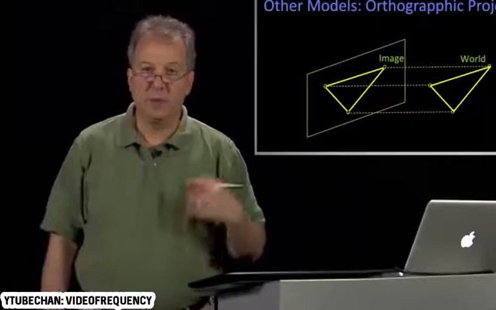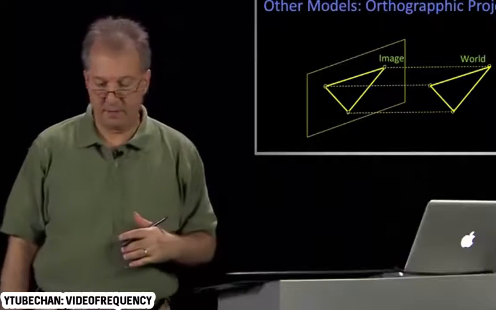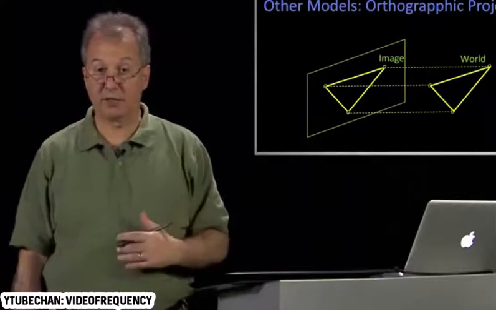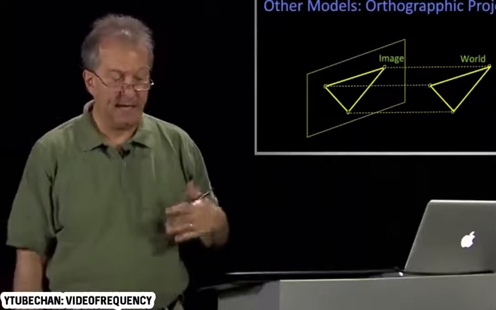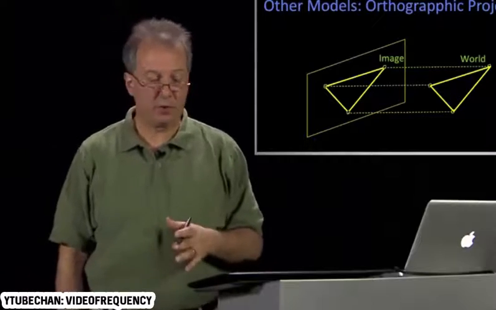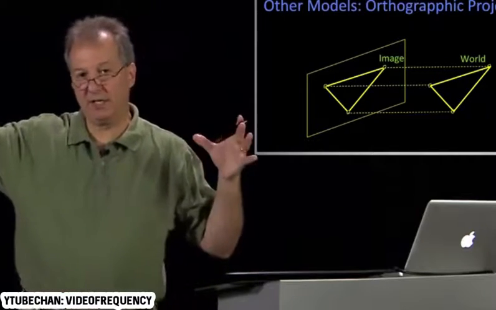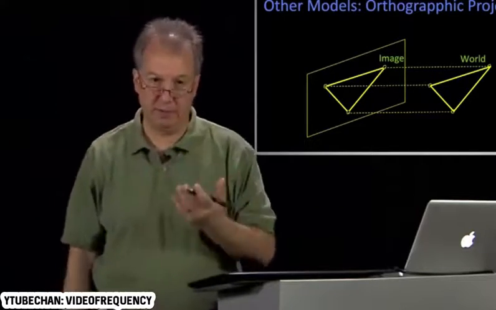All right, so to finish up the lesson, besides perspective projection, there are other types of projection operators, which in fact are sort of special cases, and they're used sometimes, so they're worth mentioning here. One interesting special case of perspective projection is called orthographic. As it's drawn here, basically orthographic is when I take my world and I just smash it right into my image plane.